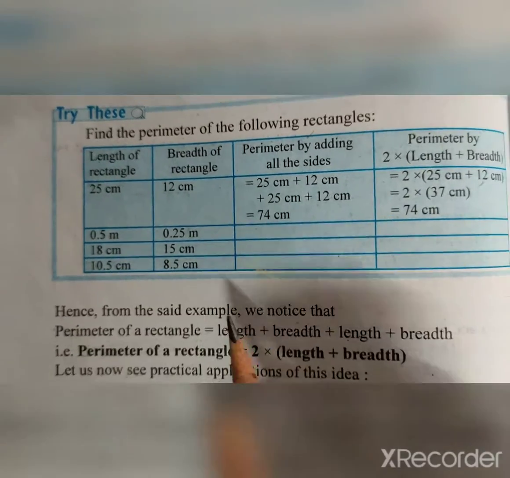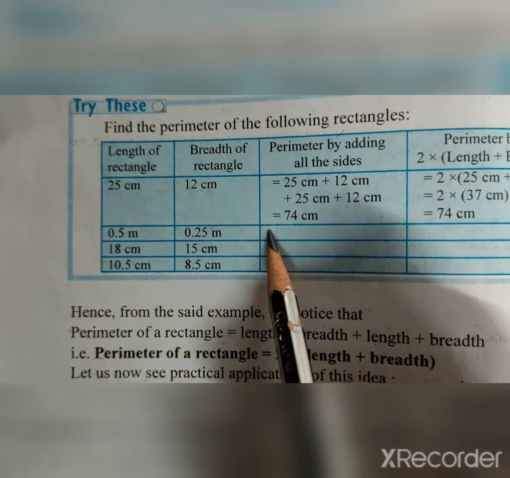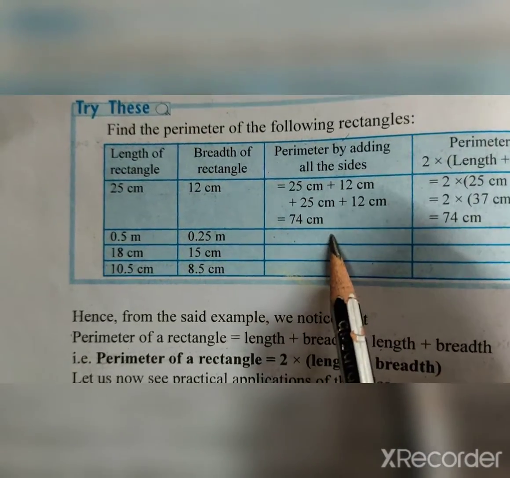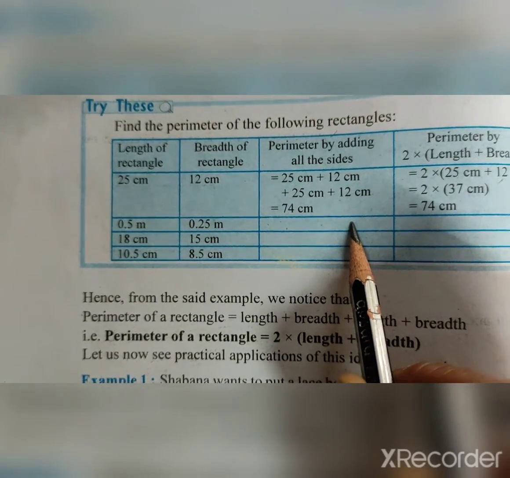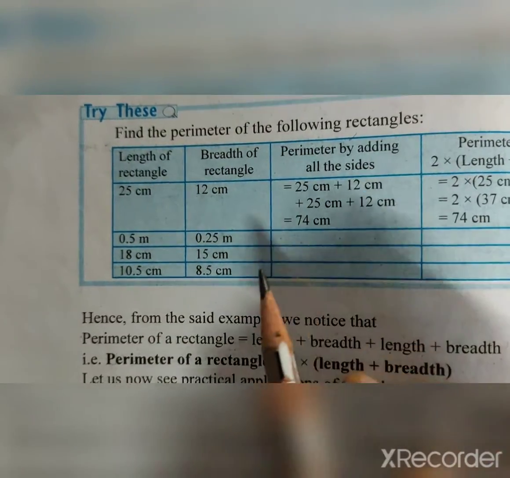So when we add these sides, 0.5 plus 0.25 plus 0.5 plus 0.25, we will get the answer. First forget the decimal.